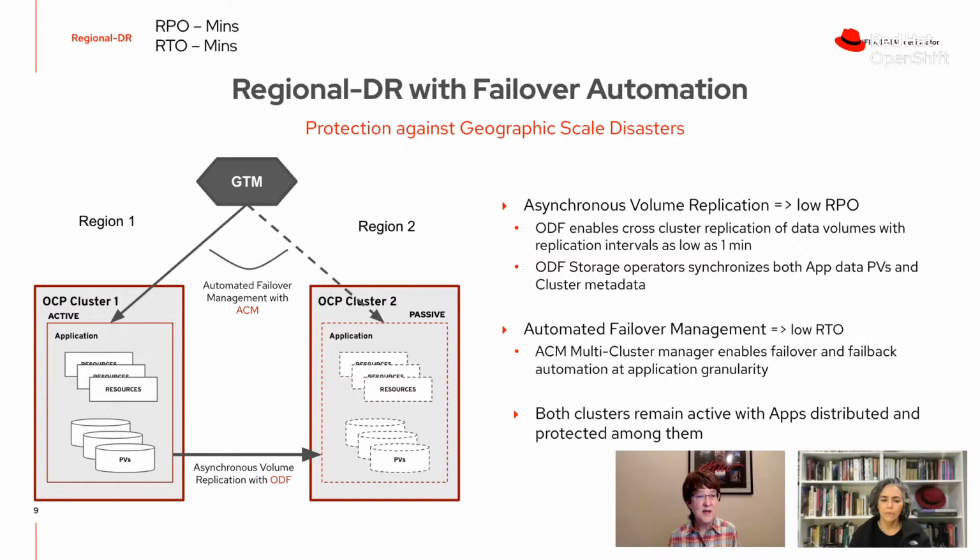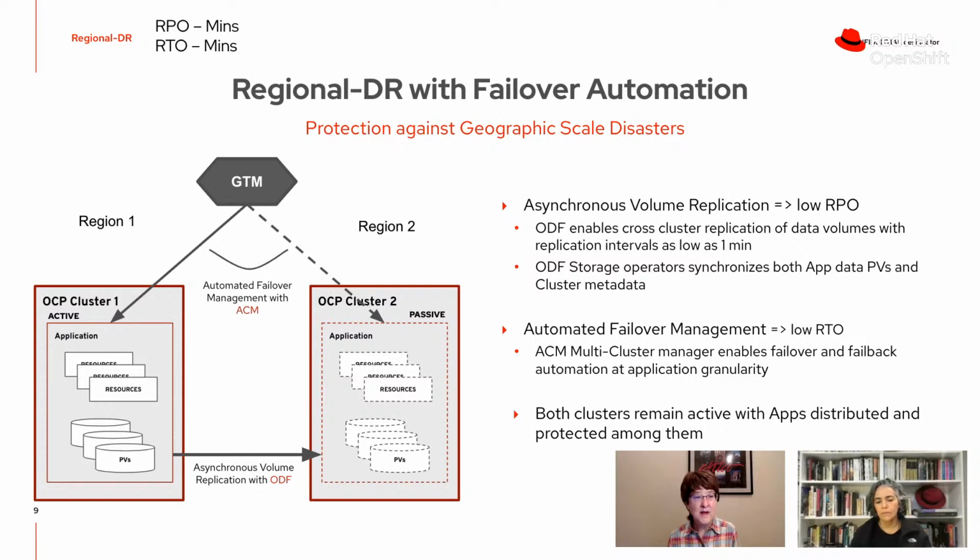We're also keeping track via something like GitOps of the changes in resources. So whatever ways ACM can install an application, that's how we're going to reinstall the application if needed on the passive side. Now the active passive only applies on a per application basis.